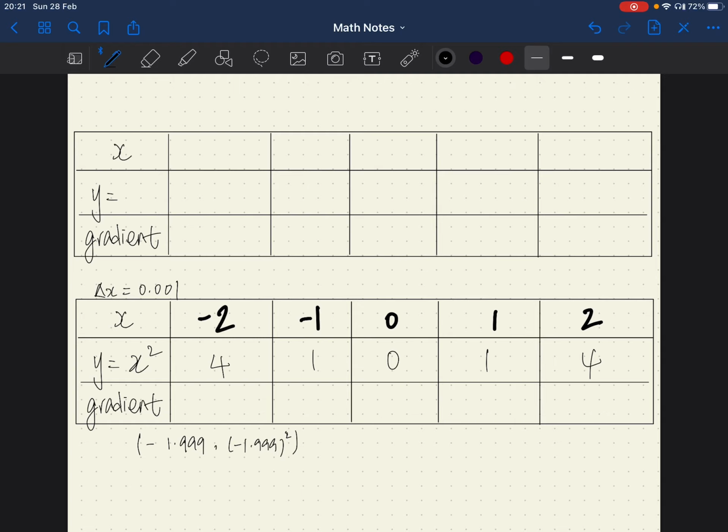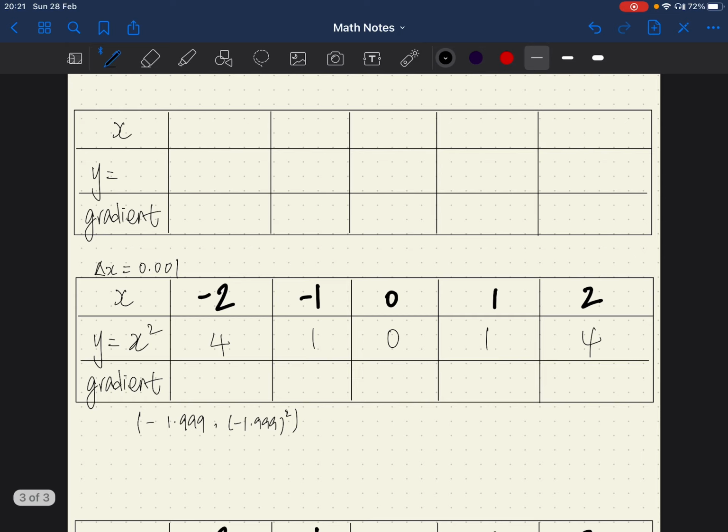Okay, so your gradient calculation will then be your y2 minus your y1, which is 4, over your x2, which is -1.999, minus your x1, which is your original -2.